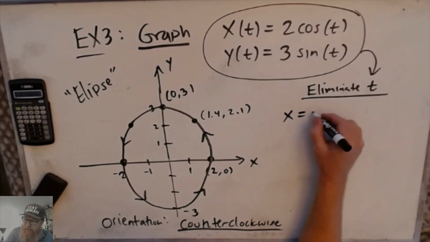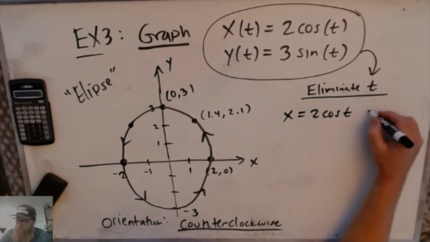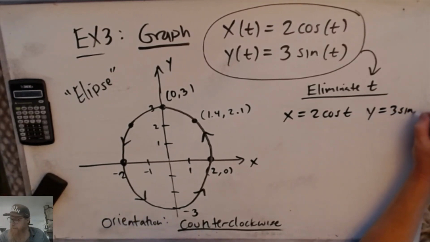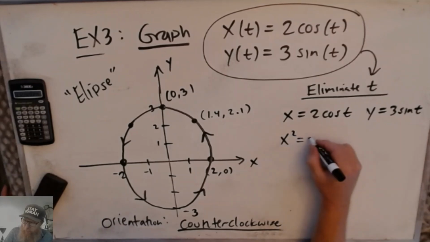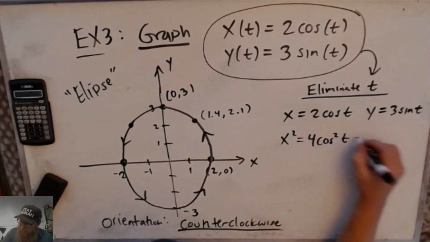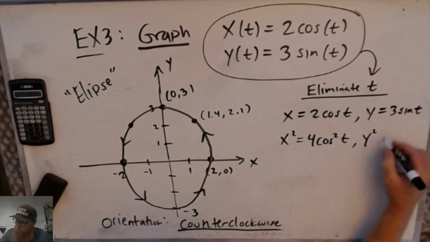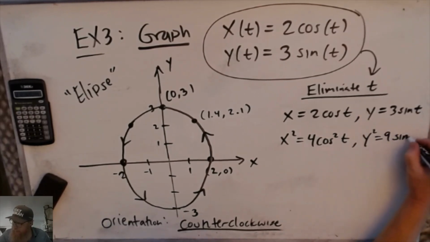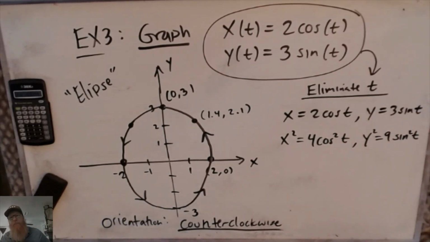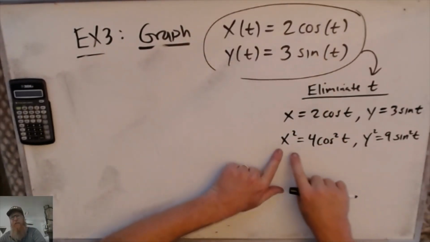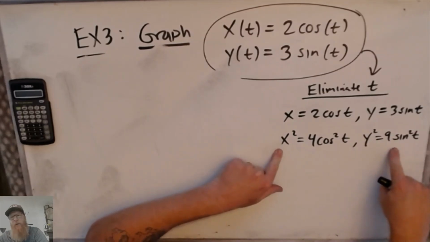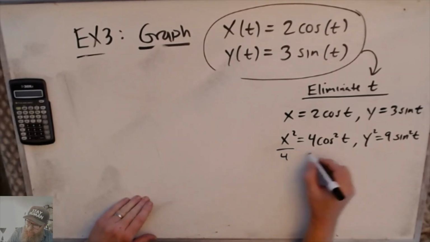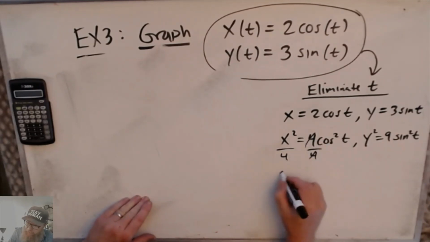So you have x is 2 cosine t, y is 3 sine t. So x squared is 4 cosine squared t, and y squared is 9 sine squared t. We're going to divide the x squared by 4.